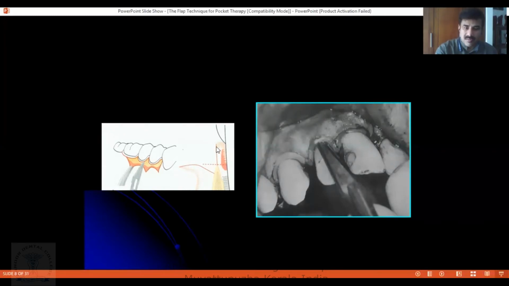So this is your first incision, and then you have reflected this part of the gingiva. Now through this sulcus, you put an incision. So this is your sulcular incision. This incision can be put using blade number 11, number 12, or number 15. These are the common blades that we use.